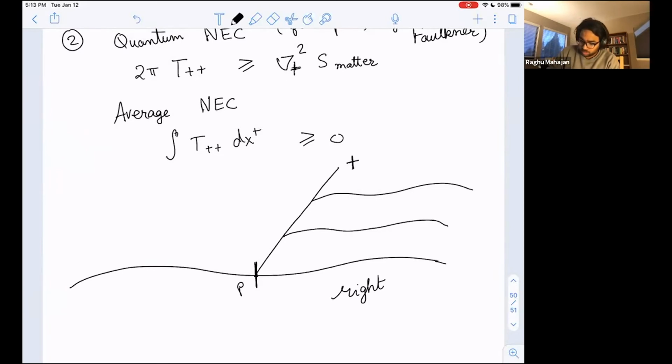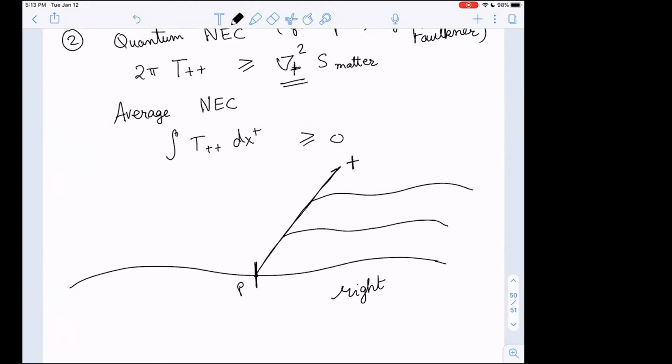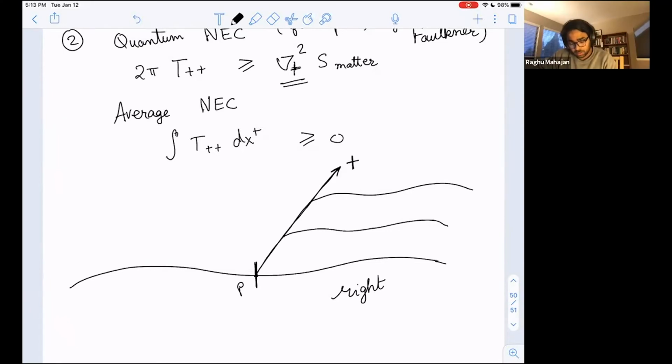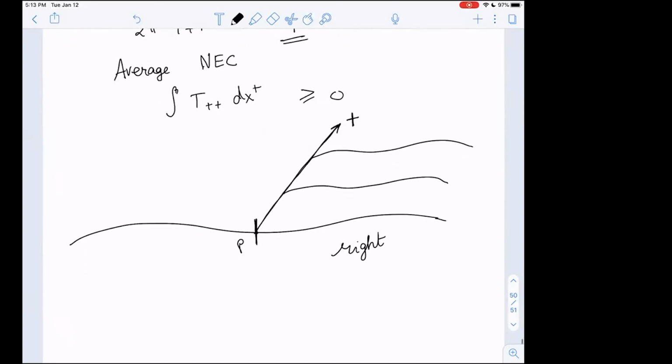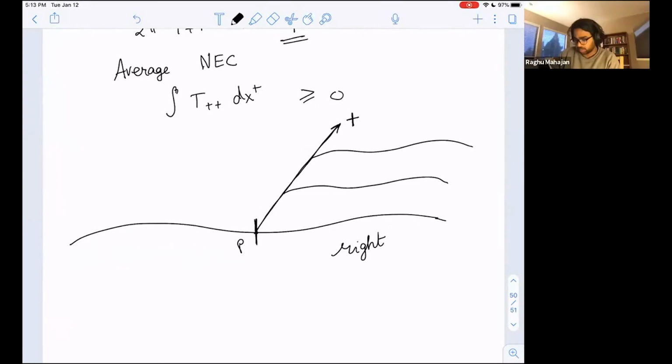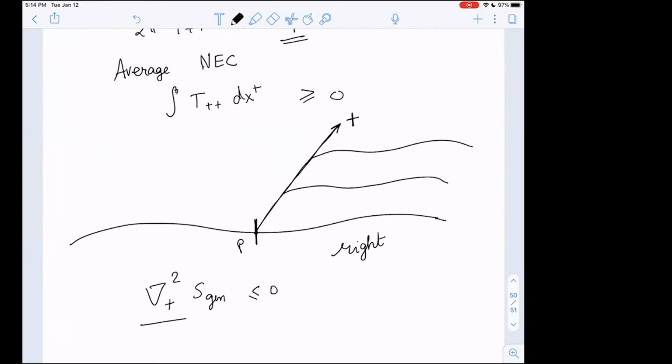So this derivative here means moving the endpoint of your interval. Also, generalized entropy is the same, it appears as a boundary point. Exactly. So when I write here d plus square of S gen is negative, what this derivative refers to is moving the endpoint of the interval along the plus light cone direction. Okay, thank you very much.